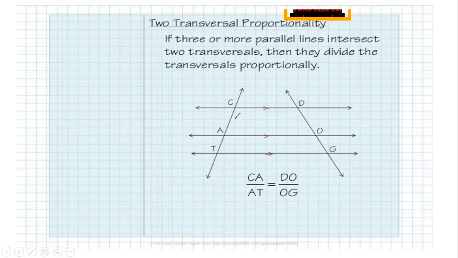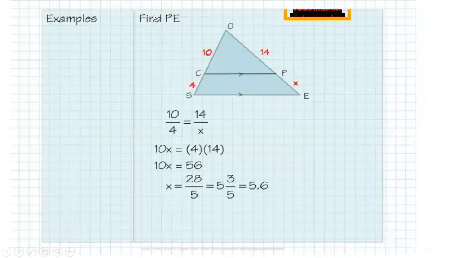It means that the distance CA divided by AT should also be equal to DO divided by OG. This is also true when you have three or more parallel lines, as you can see in this diagram. We shall use these proportionality properties to solve some of the questions that we have here.